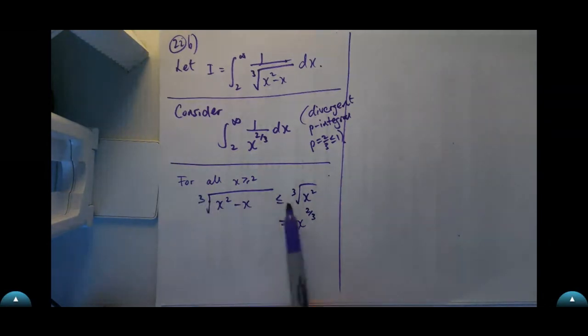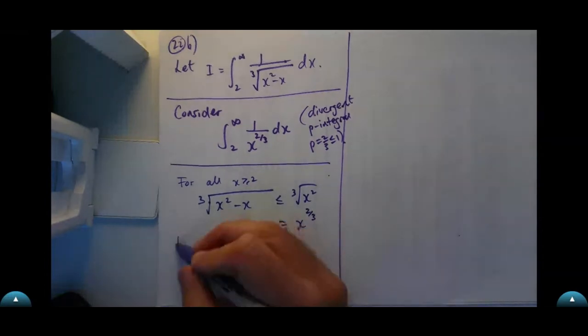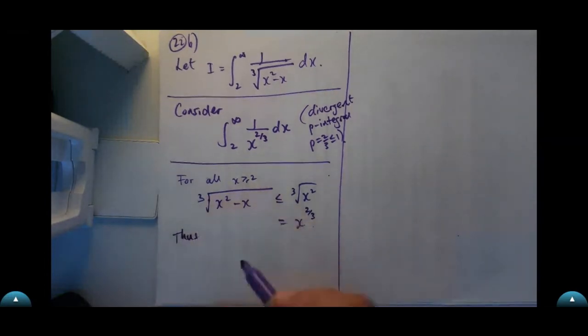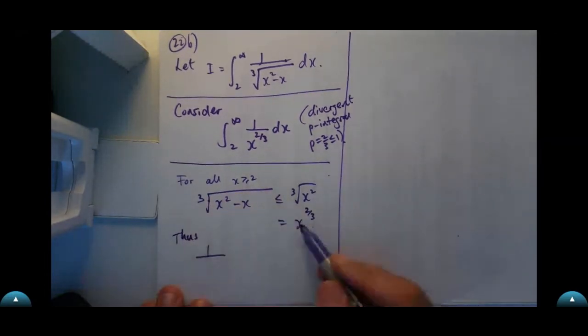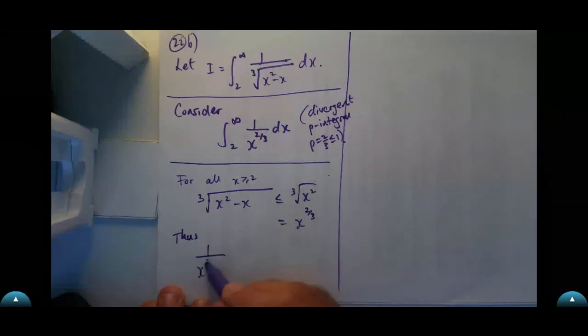The cubic root of that is less than or equal to that, which equals that. So this is going to be my p function. So if I divide, I'll get this.